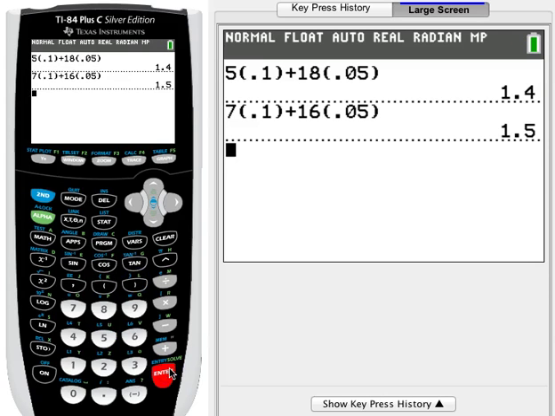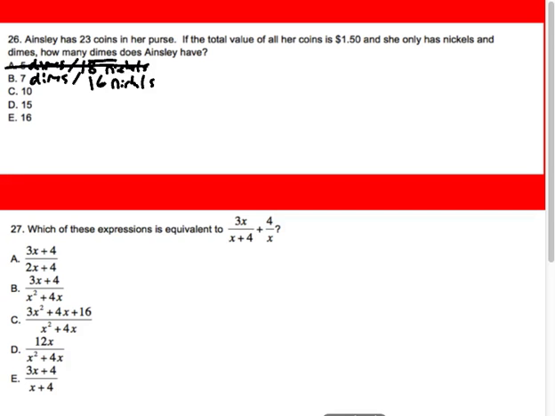Now I'm getting that $1.50 that the problem told me she had in her purse. So that's a very powerful strategy: in this instance, letting the answers guide you to the solution. Using the answers, I much more quickly got to check which one was right.